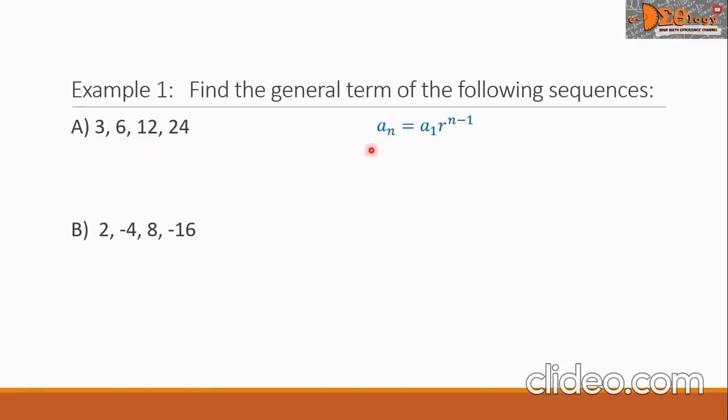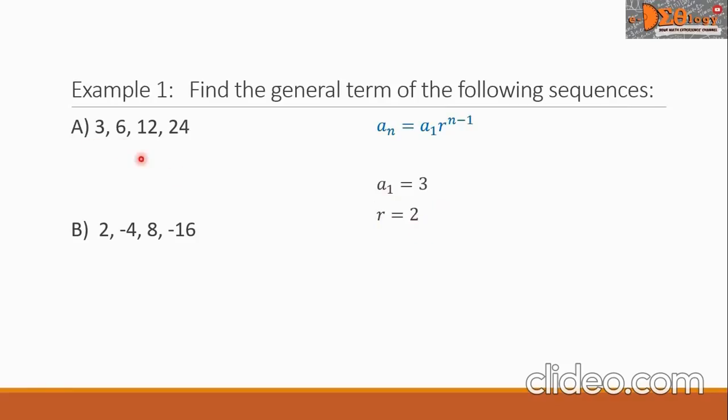The general term formula is written here. We know that this formula requires the first term and the common ratio. We can simply get the first term in here, that is 3, and for the common ratio, we will take the ratio of any two consecutive terms, like this 6 divided by 3, we will get 2.